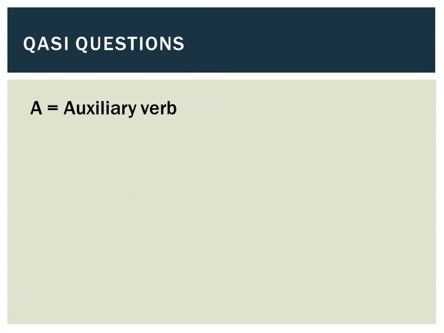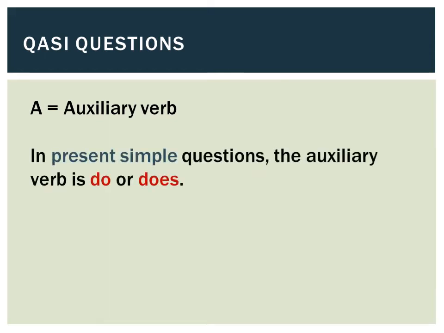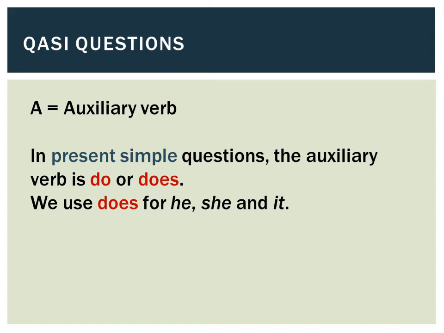Let's look a little bit more at auxiliary verbs. So, in present simple questions, the auxiliary verb is do or does. We use does for he, she and it, or Peter or Jane or the dog, anything singular.